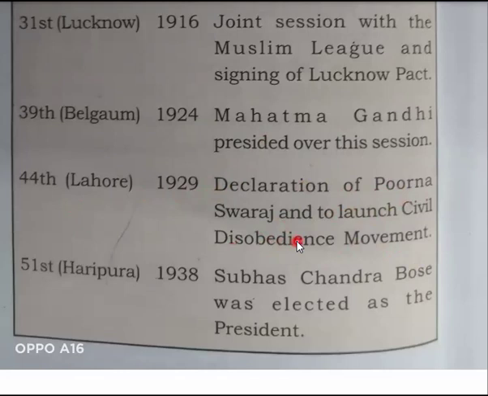I think it's going to be the fourth or fifth chapter, all about Mahatma Gandhi's contribution. We have a lot of things like Purna Swaraj, the Simon Commission, Chauri Chaura, and a lot more things.